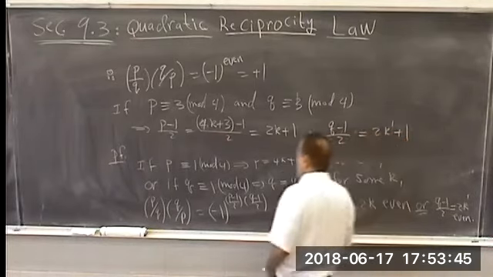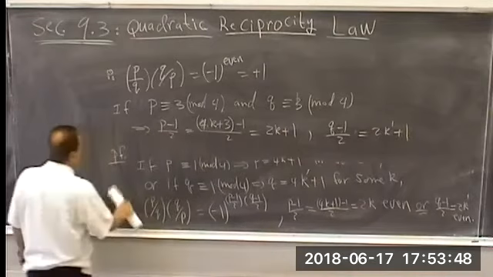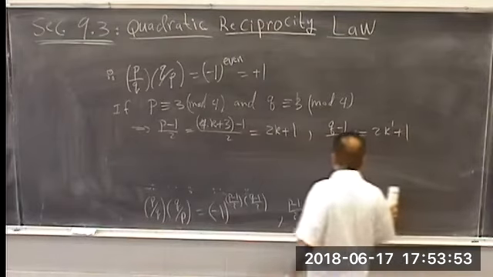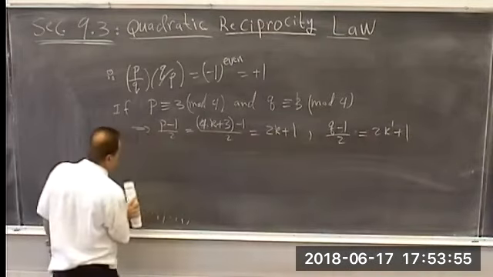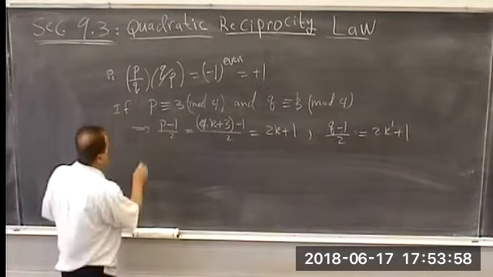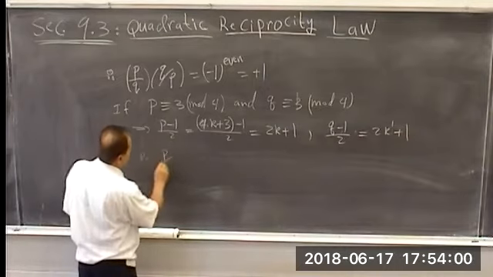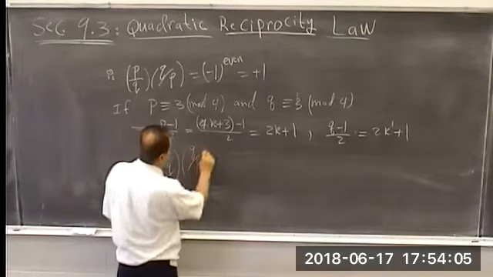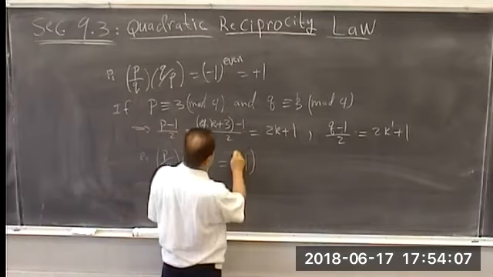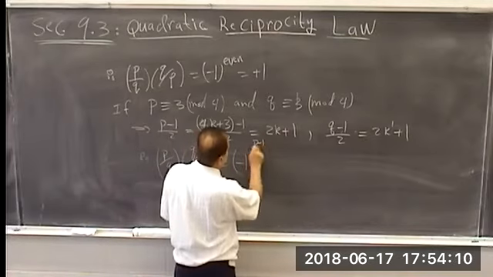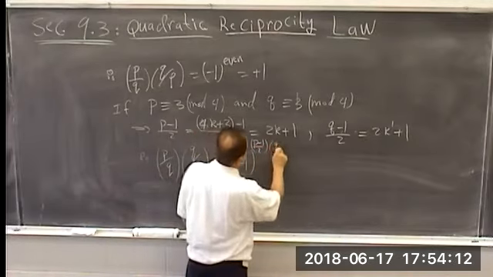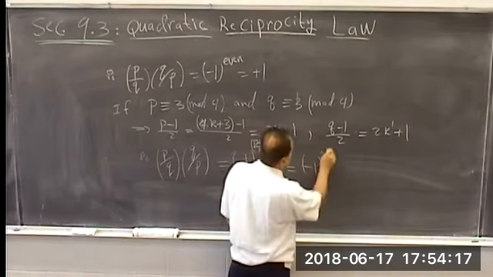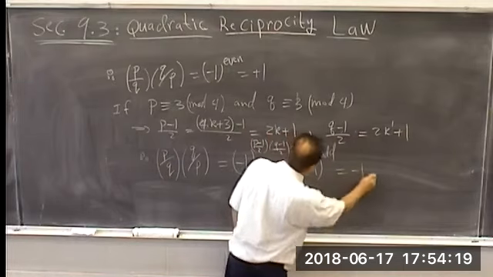So both of these are odd, and their product is odd, and we end up with minus 1 raised to an odd exponent, and this gives me minus 1. So P over Q times Q over P is minus 1 to the (P minus 1)/2 times (Q minus 1)/2, and this is odd, and this is negative.